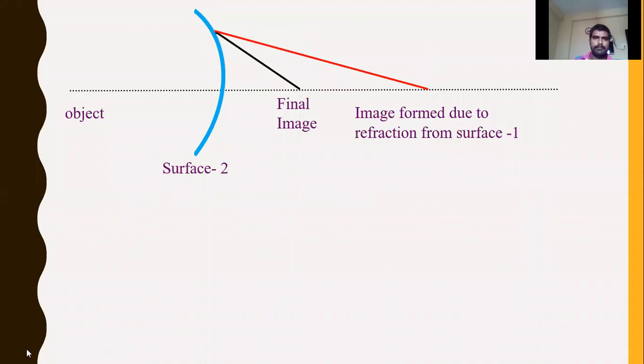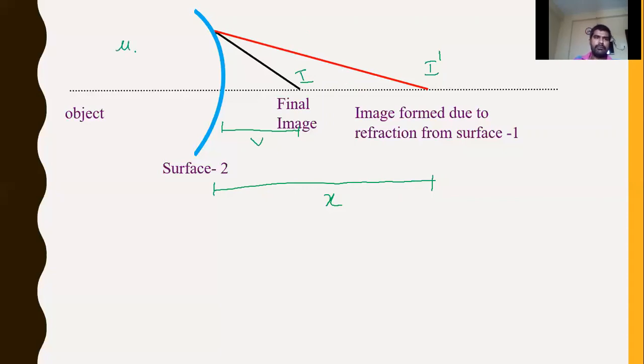Now when light passes through the lens, ultimately it should come out from the second surface, and this is the second surface. The object for the second surface is I dash, which is at a distance x, and the final image is being produced at this position, say I. Now ultimately the light ray is coming into the air medium from the glass medium.